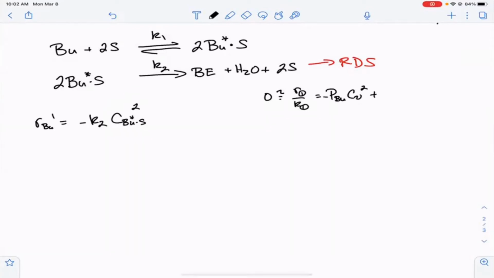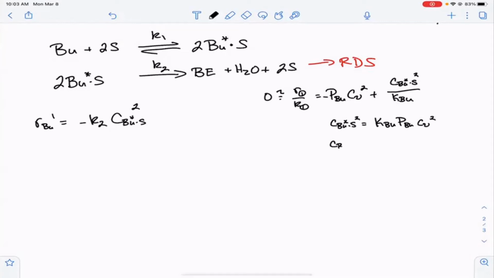That's minus, then plus the concentration of this intermediate squared divided by KBU, okay? And now if we solve this, the concentration of this intermediate squared equals KBU PBU times CV squared.